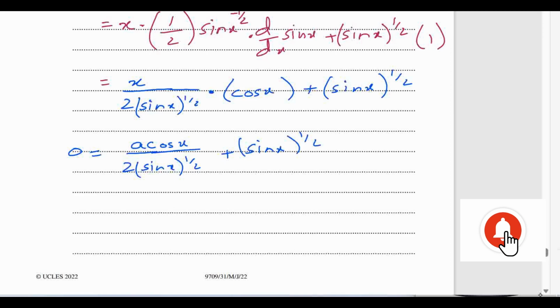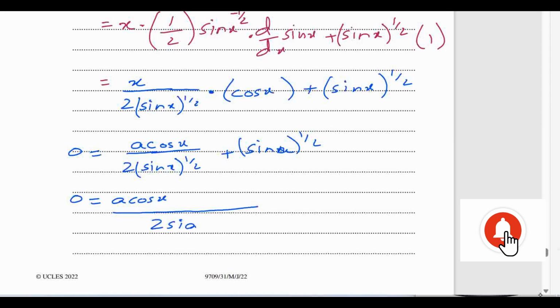So simply shift it to the other side. This should be a. So if we shift it to the other side, first of all, we can take the LCM. So 0 is equal to a cos of x whole divided by LCM, which will be 2 sine of a.